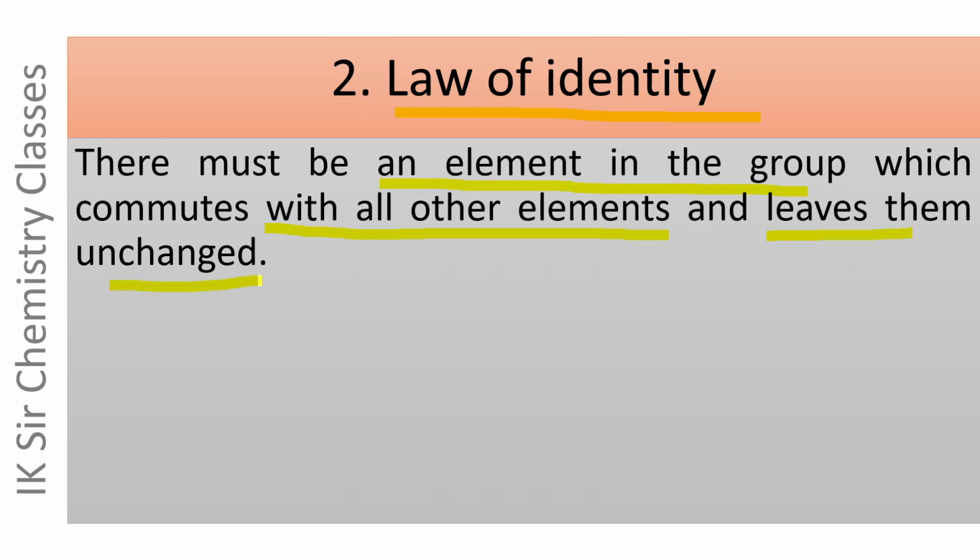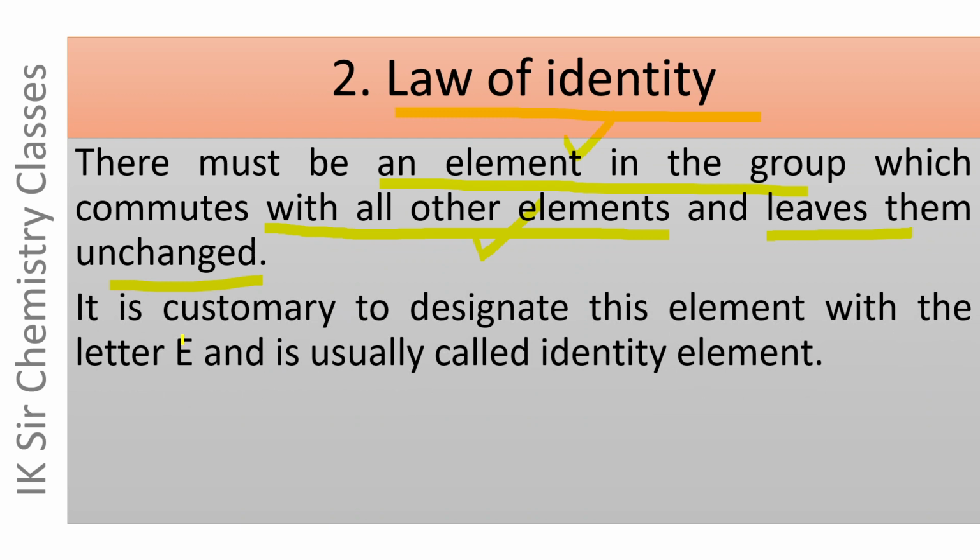In a mathematical group, there must be an element which commutes with all other elements and leaves them unchanged. It is customary, it is convention, to designate this element with the letter E, and it is usually called the identity element.